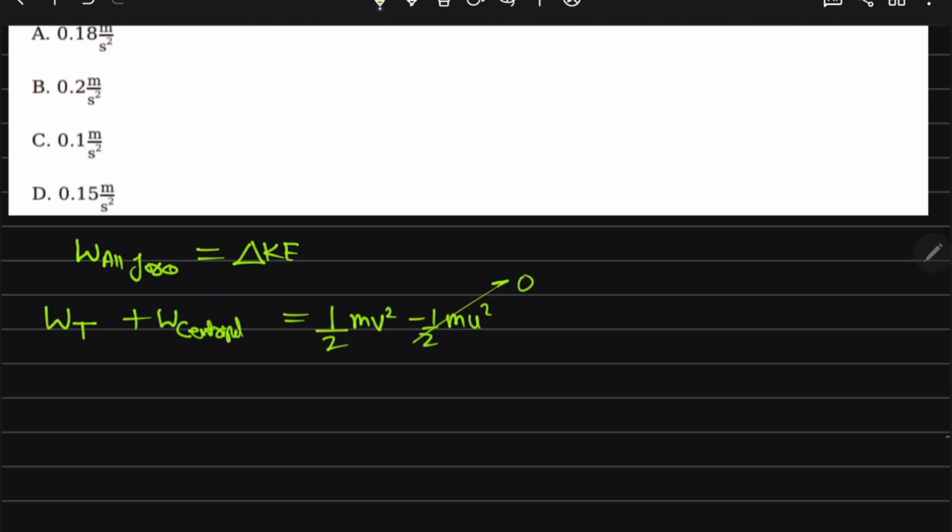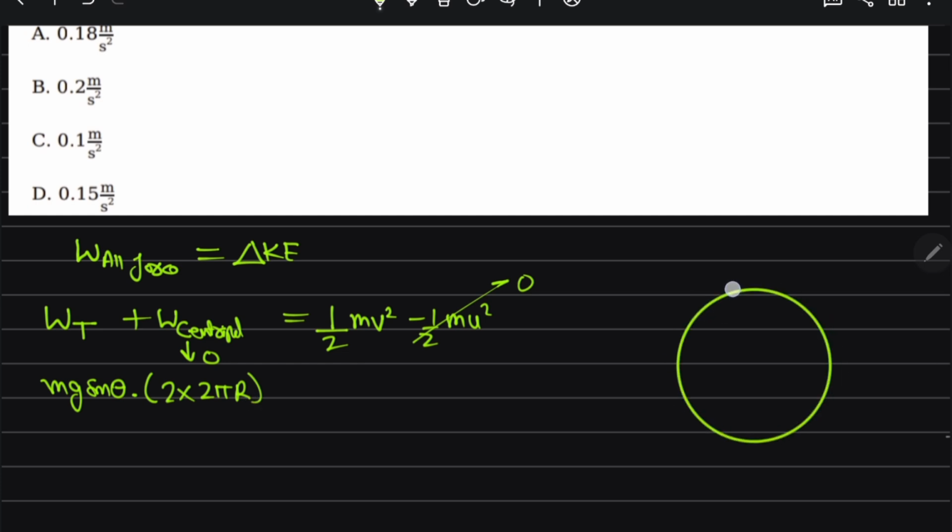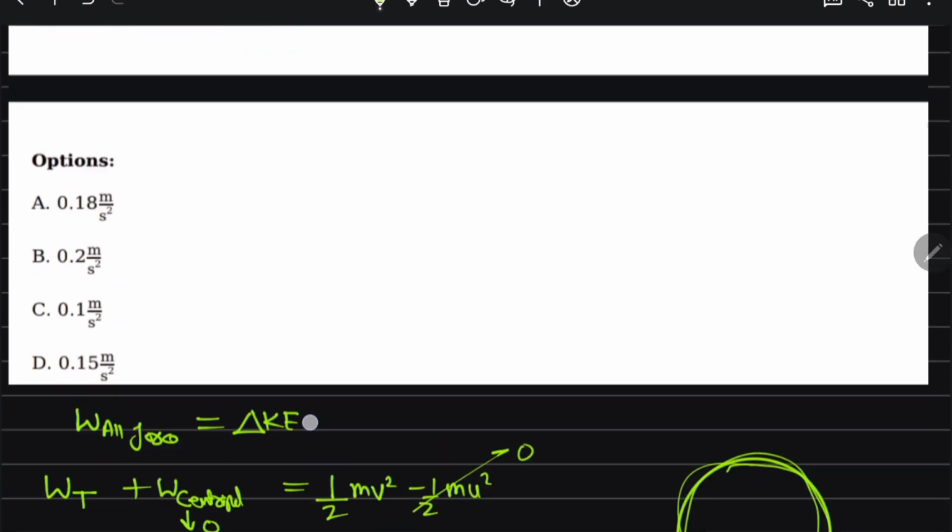Work done by tangential force is mass times tangential acceleration into displacement, and the work by centripetal force is 0. The displacement is 2 complete revolutions, that is 2 into 2 pi r, and that equals the kinetic energy they have given.